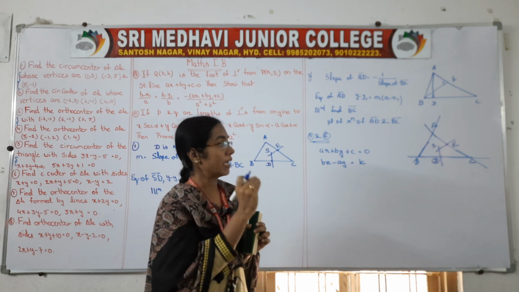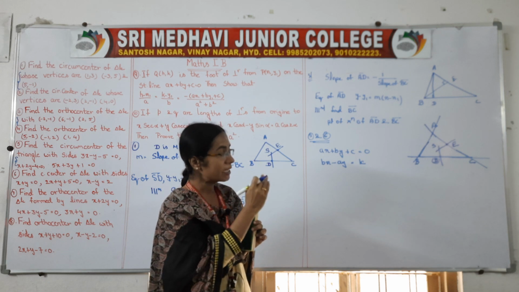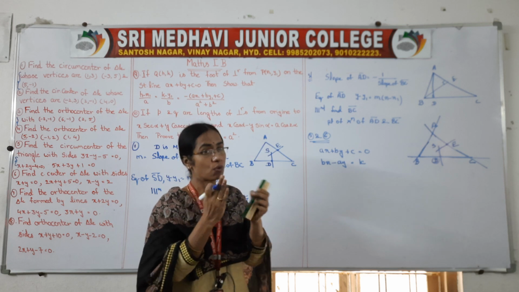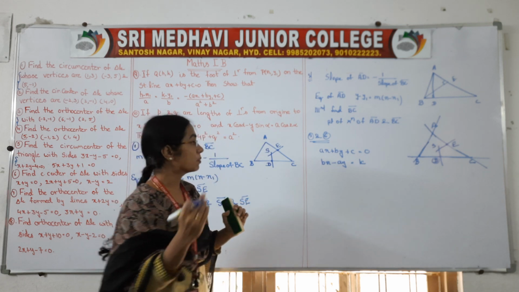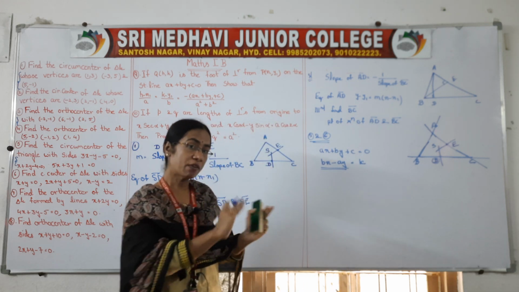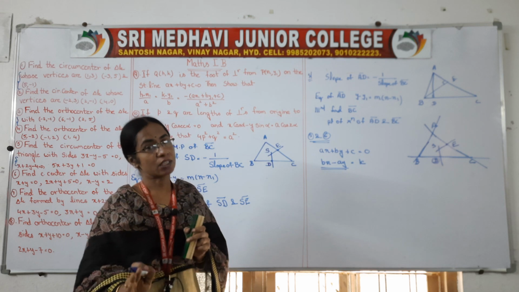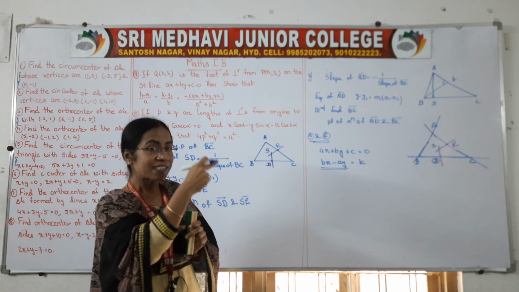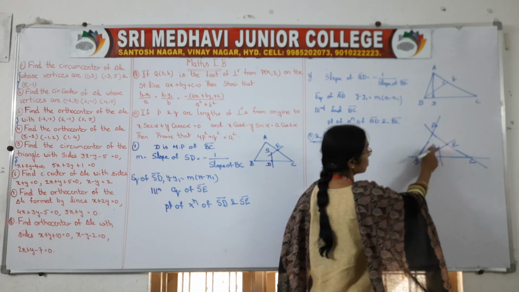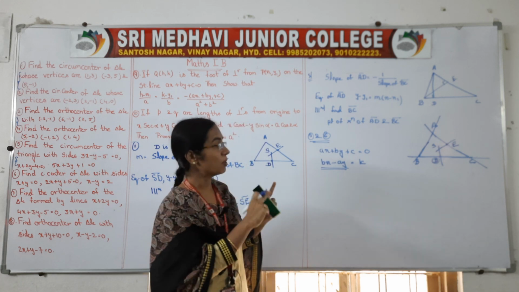So first, the SD line equation, how are we writing it? We know SD's perpendicular line equation. If we know one line and want to write its perpendicular line, it should be in the form of X coefficient goes to Y, Y coefficient comes to X, in the middle a minus sign, equal to K. And this SD passes through D, where D is the midpoint of BC.